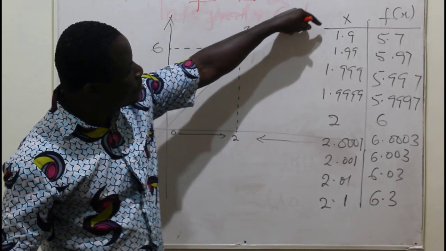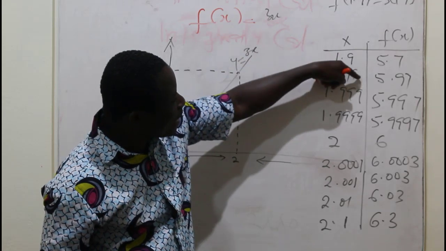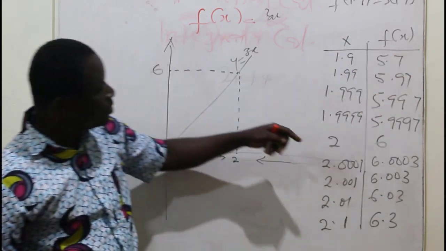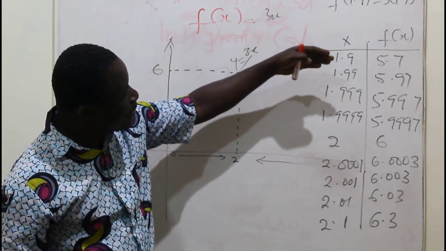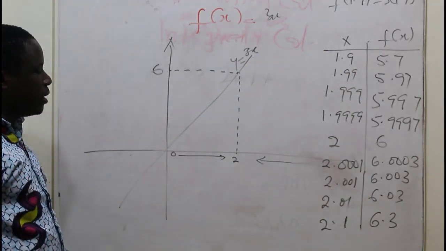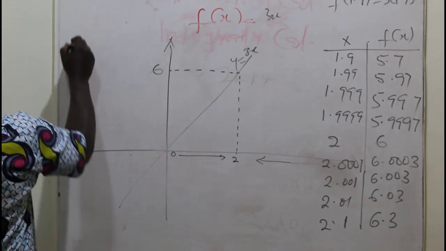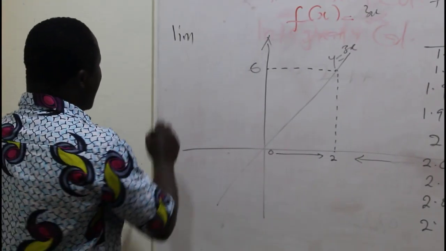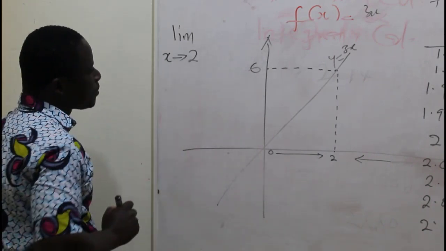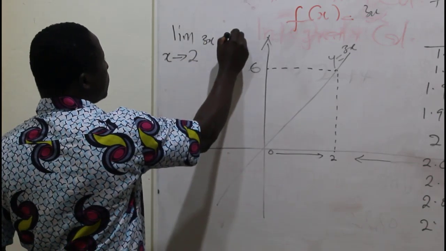Similarly, if you increase x from 1.9 to 1.99, the functional value also increases from 5.7 to 5.97. As you begin to increase, the functional value also increases towards 6. So in short, what we say is that the limit as x approaches 2 of the function 3x is equal to 6.